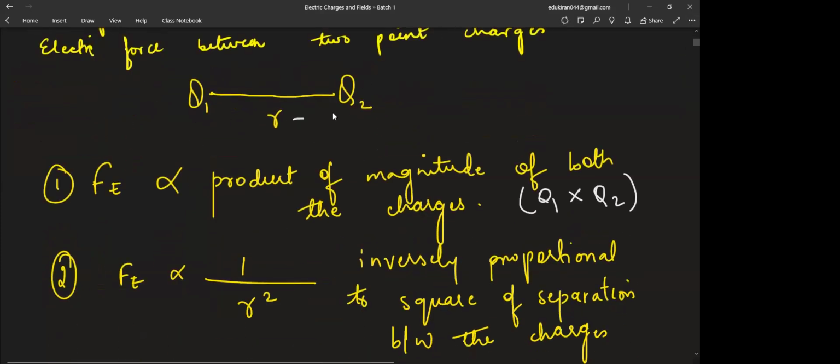Q1 and Q2 are separated by, let's say, this distance R. Force is inversely proportional to the square of the separation of these charges, so R square. Force is directly proportional to Q1 into Q2 and inversely proportional to R square.